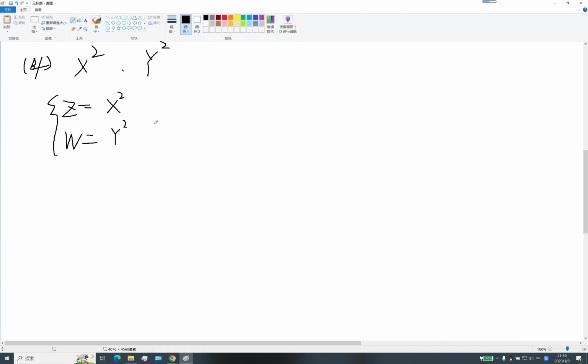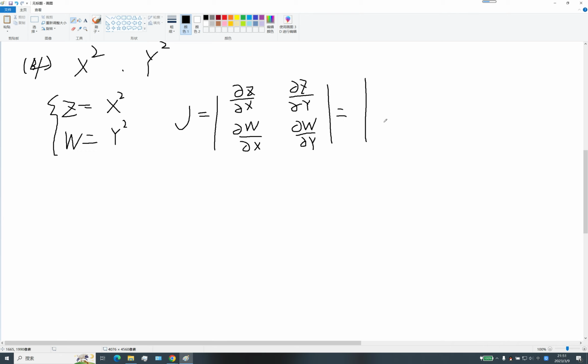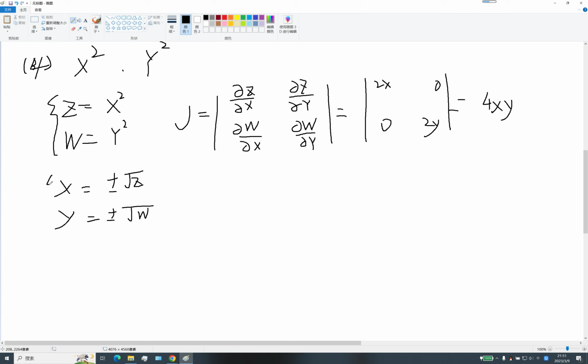So the Jacobian, which is the determinant of 2x 0, 0 2y, equals 4xy, and x equals positive and negative square root of z, and y equals positive and negative square root of w. So x and y have four roots.